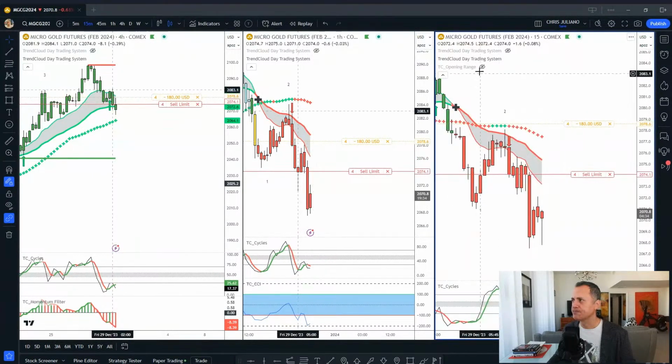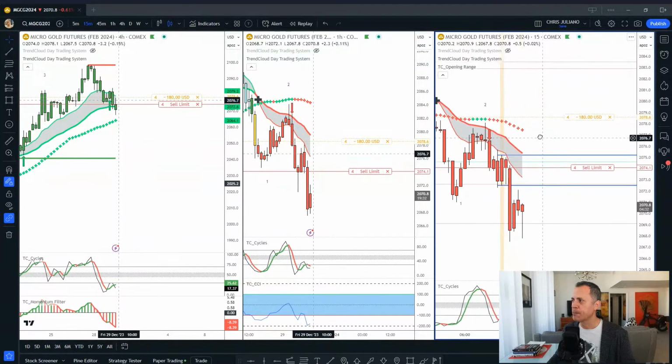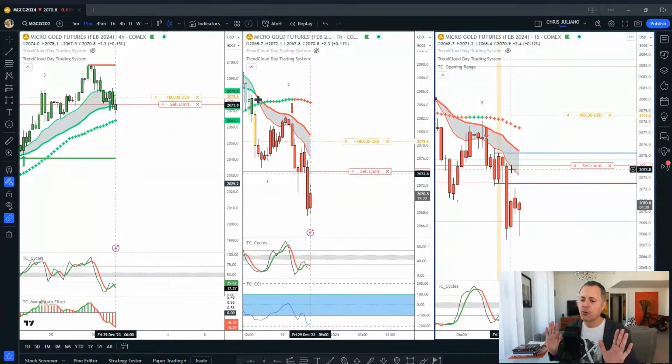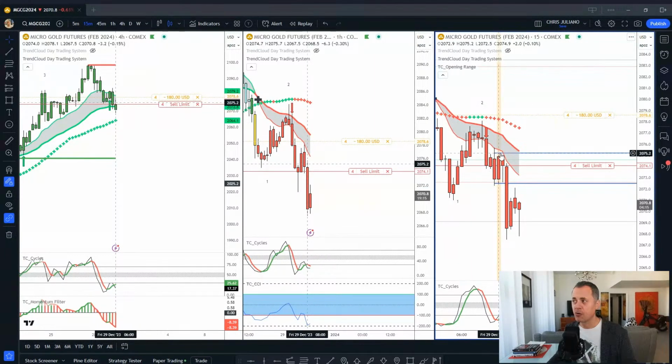Put back the opening range. This is what we're going for. We're still going to take the chance on it because we've got all of these elements on our side. We've got a downtrend that's early in the trend on the low time frame.